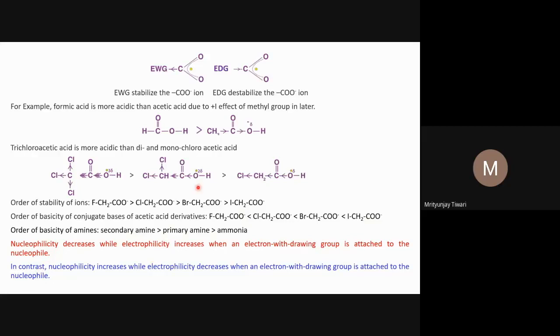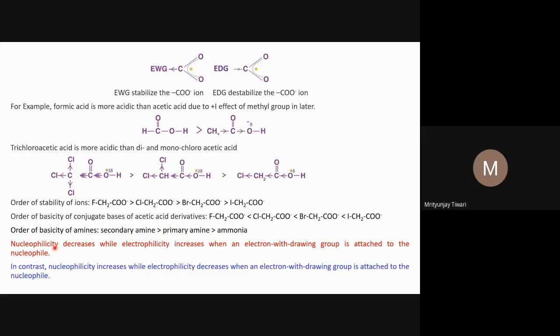Now, as we see the basic character, the basicity order, one can also define it based on the inductive effect, or electron withdrawing effect or electron donating effect. Similarly, one can also find details about the nucleophilic effect or nucleophilicity, because nucleophilicity is also related to basicity, because basic character is about electron density.